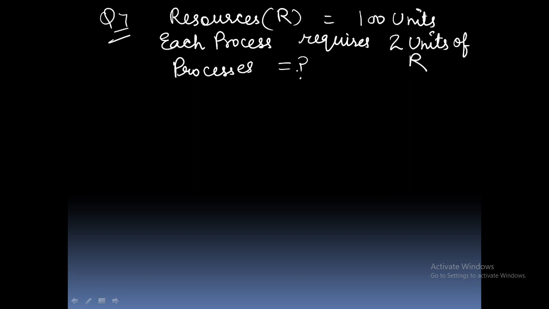Same question. In this question, you can see there are 100 units. That means 1 unit is used by each process, that is 100 resources.